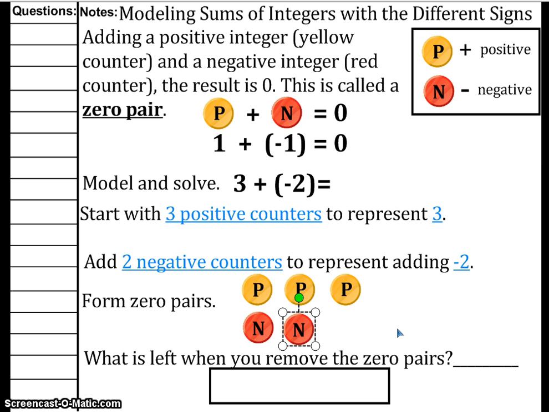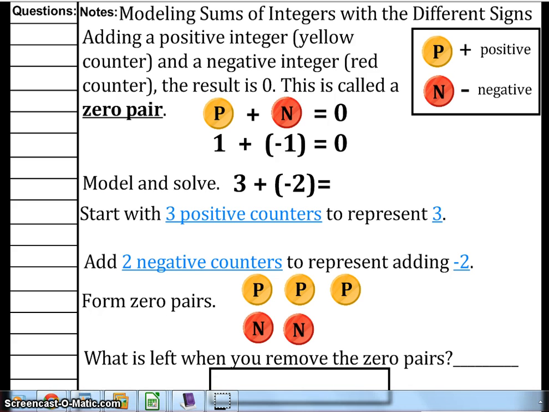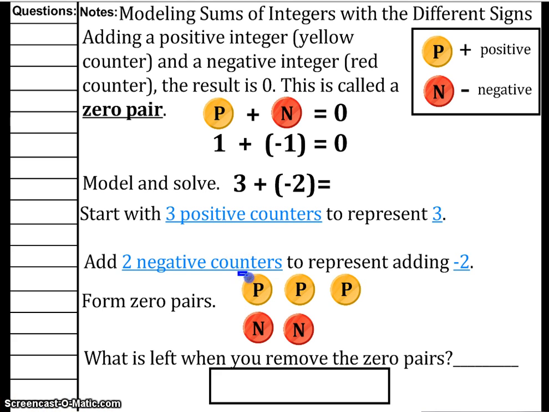All right. So now that we have our counters, we need to form zero pairs. Again, when you have one positive and one negative, you put them together, it equals a 0. So let's go ahead and form zero pairs. I'm going to put this positive plus this negative together. That's one zero pair.